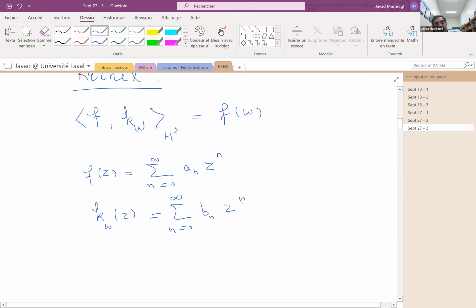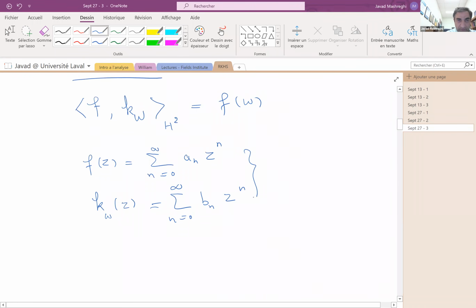K_w has this representation, f has the other representation. And so if I want to use the formula for the inner product, the inner product of f and K_w is the sum n from 0 to infinity of a_n b_n bar.